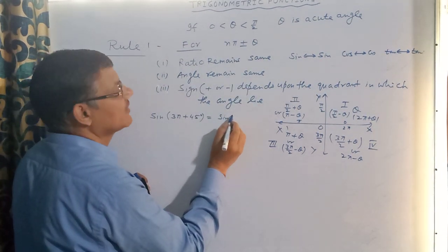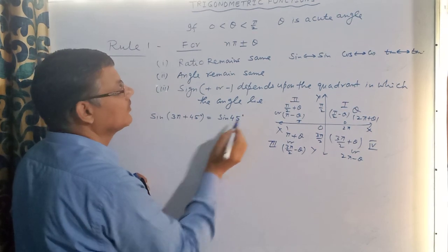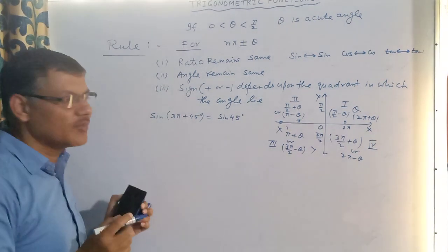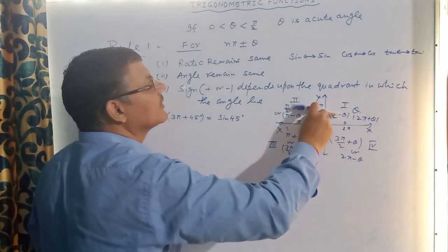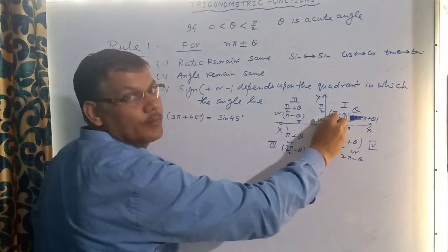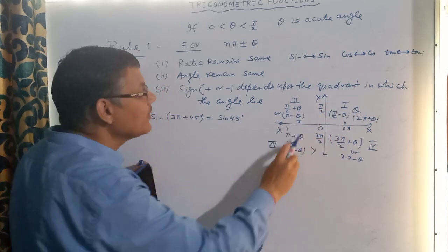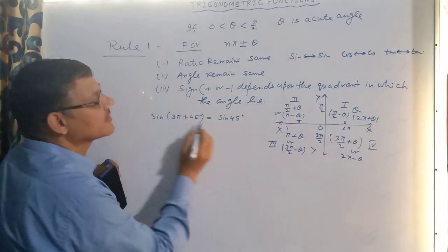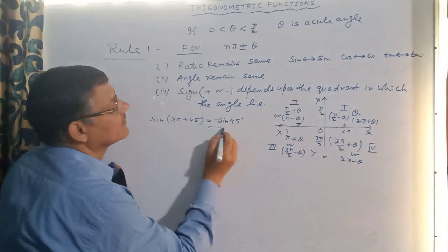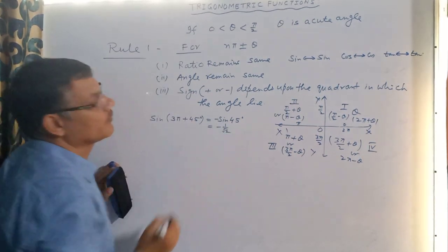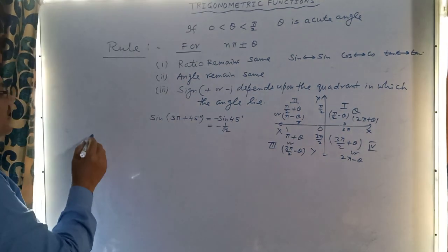The angle remains the same, that is 45. Then what about the sign, plus or minus? Starting from here it goes 2 pi, again pi is here, and pi plus theta is in the third quadrant, so it is minus, and we simply get minus 1 by root 2.